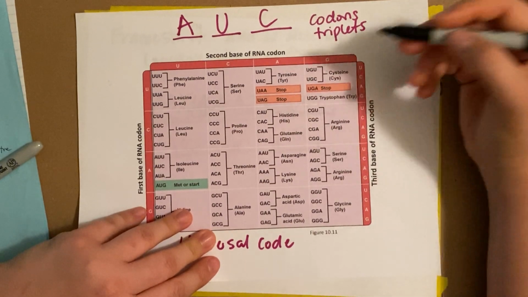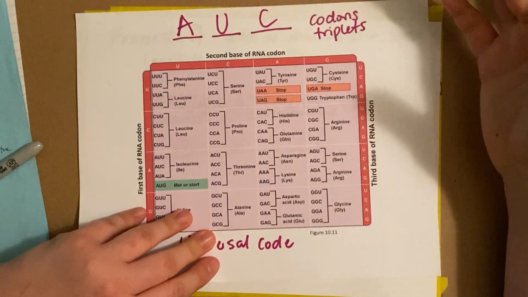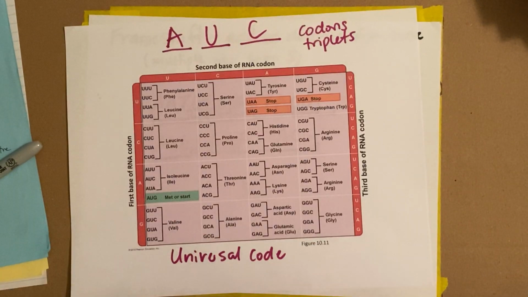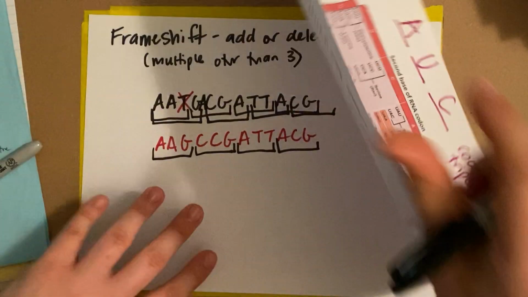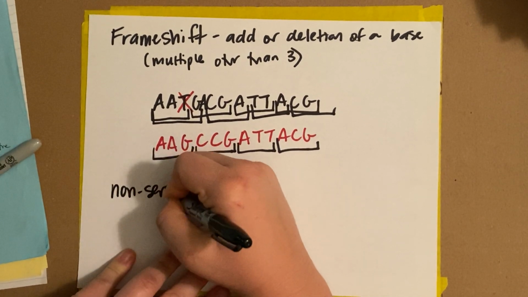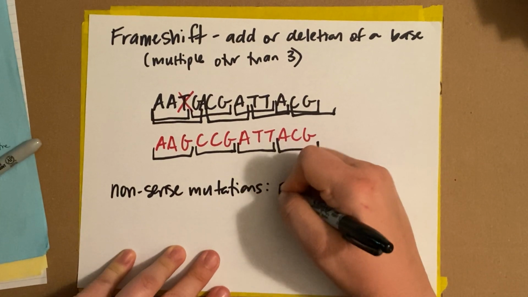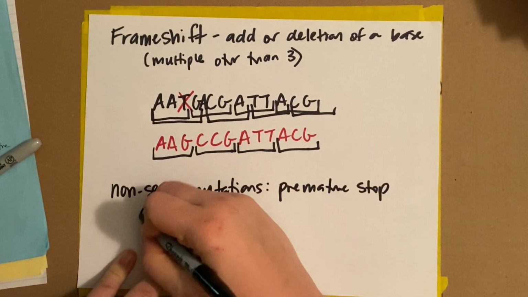And that's going to cause issues because you're not going to get the whole polypeptide chain read correctly. Okay, so that is another potential problem. So those are called nonsense mutations, and that's a premature stop codon.